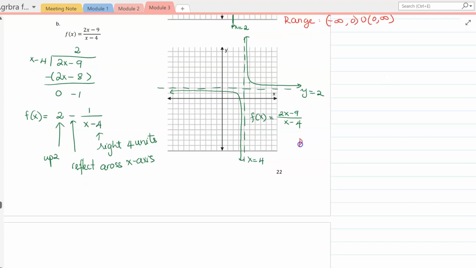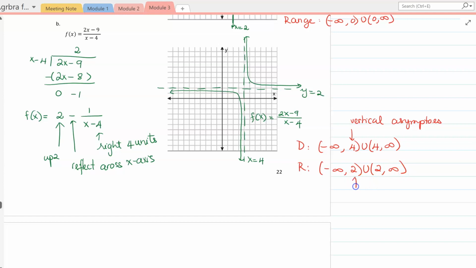In our second graph, the domain is negative infinity to 4 union with 4 to positive infinity. Note that this is where the vertical asymptote is. The range is from negative infinity to 2 union with 2 to positive infinity, and note that this is the horizontal asymptote.